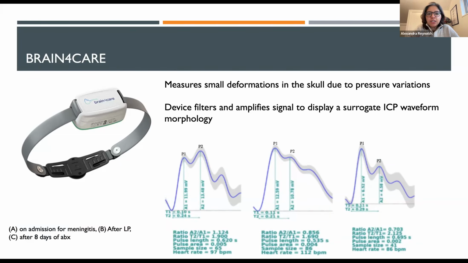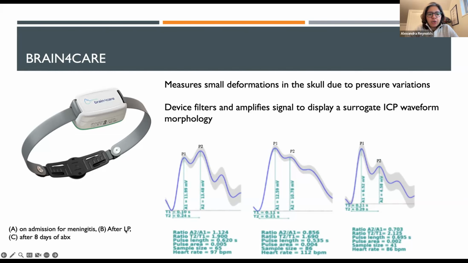And this is supposedly able to pick them up, amplify the signal, and filter in order to display what they call a surrogate ICP waveform. And so it's really just a headband with a sensor. It can be used even in patients who have other things on their head or on their neck.